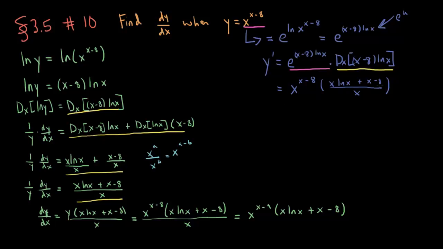This step right here is exactly the same as this step right here. And if we simplify one more time, just like we did previously, using this rule of exponents, we get x to the x minus 9 power times x natural log of x plus x minus 8.